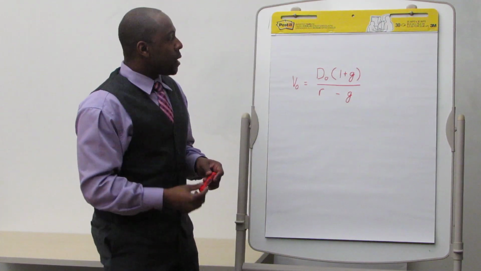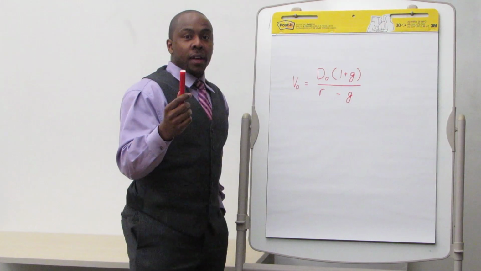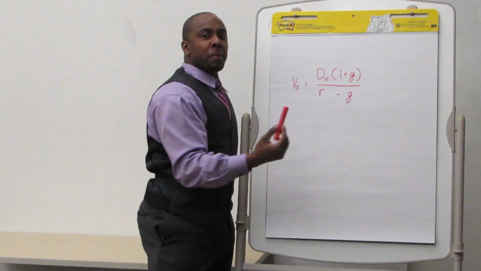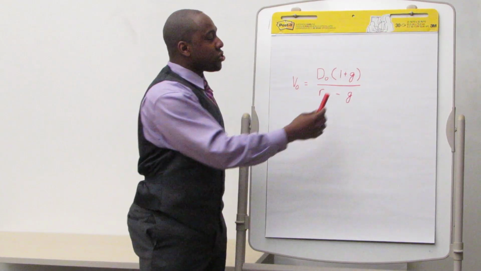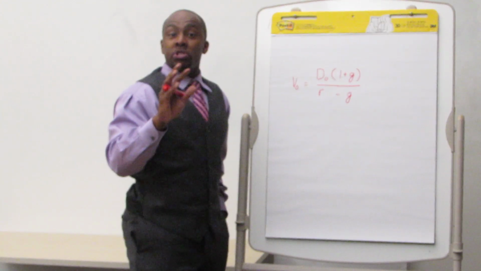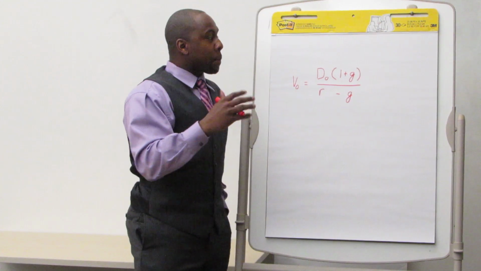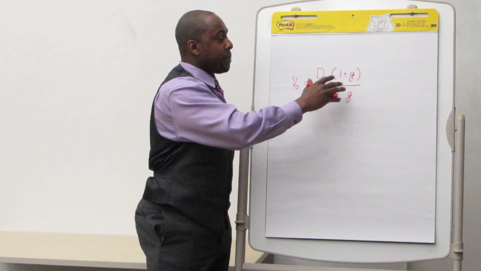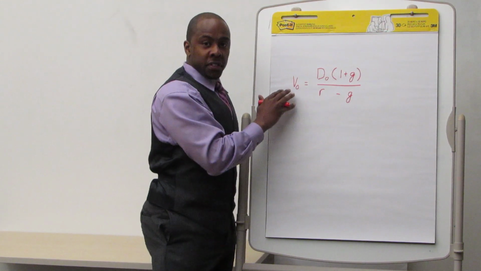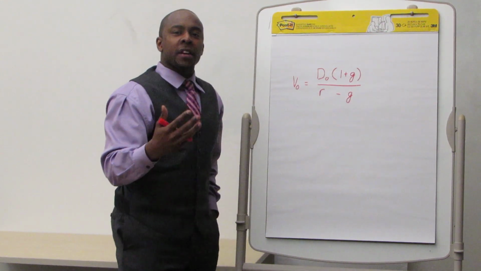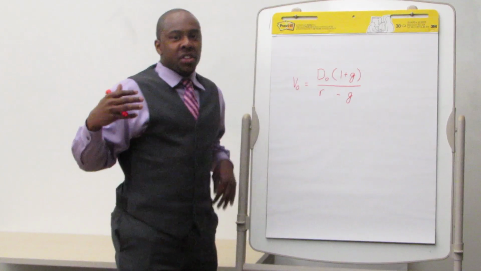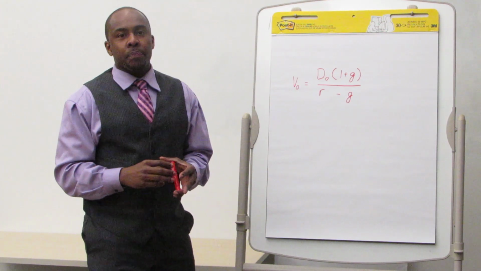A small change in these inputs will have a huge impact on the value that you will derive from this model. So, again, assuming that the dividend is growing in perpetuity, your growth rate should be relatively low, right? And it should be at or around the growth rate of nominal GDP. Simply because if you have a growth rate, let's say, of 20%, you're going to have a huge value for the security, but it's not very realistic because you're assuming growth at 20% in perpetuity, which is just not likely.